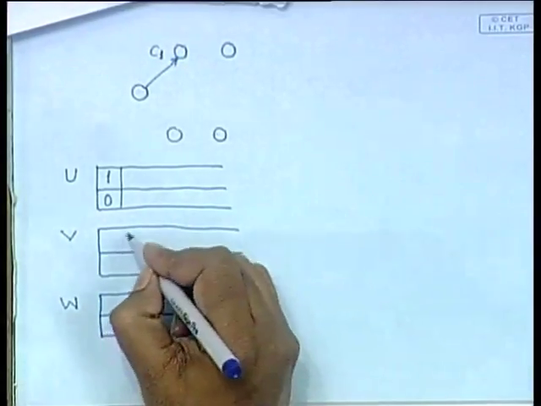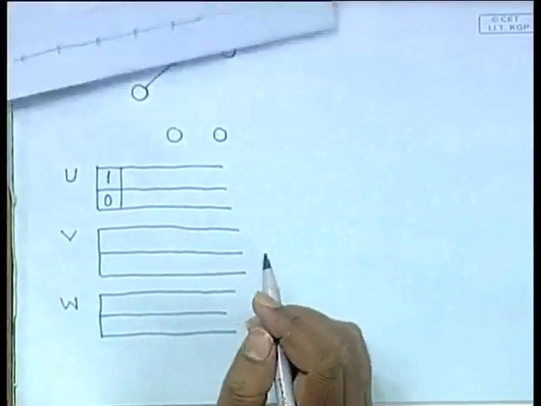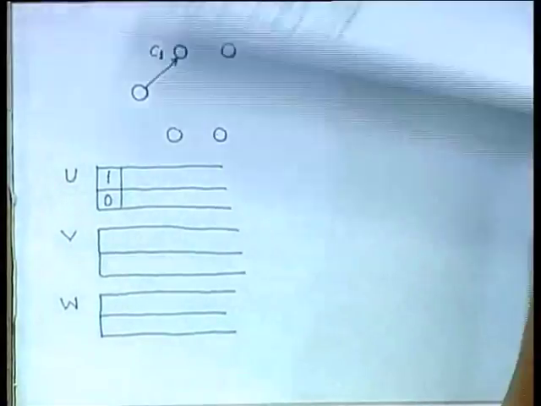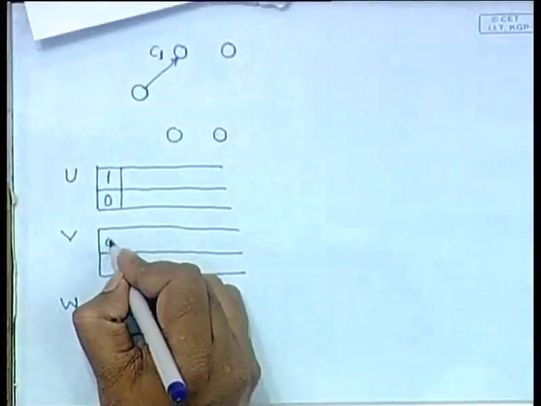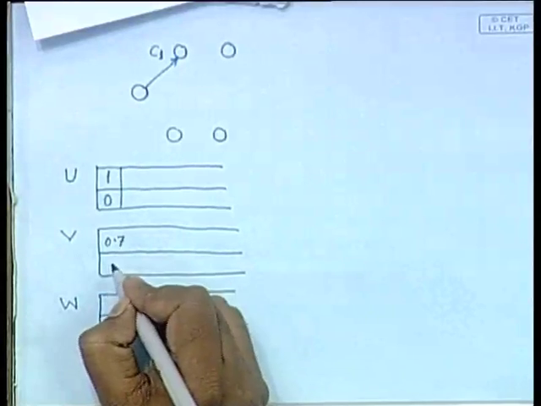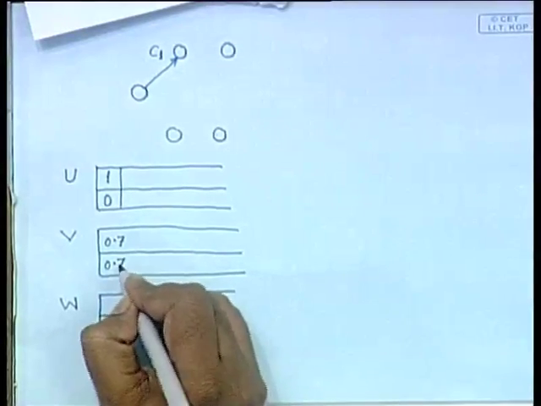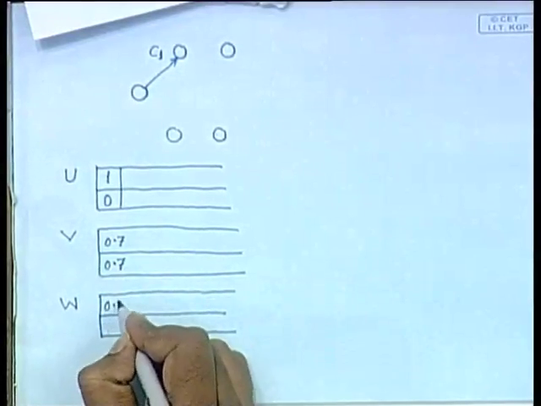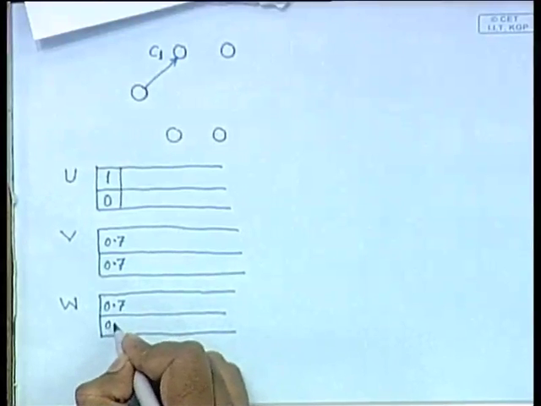The min point and max point will be the same as this feature vector, 0.7, 0.7, so we put 0.7 in each of these places.